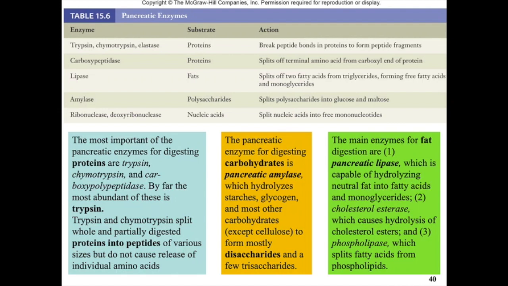For carbohydrates, the pancreas has the pancreatic amylase, which would have the same function in relation to the starches. So this is a little bit of a dynamic process. It doesn't mean that the digestion is 100% efficient in the sense that every protein is broken down into amino acids. So it will be very dynamic.